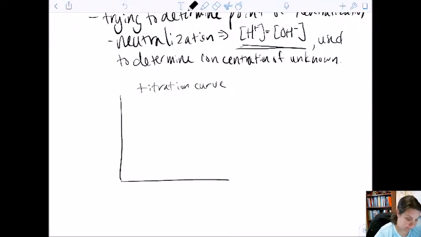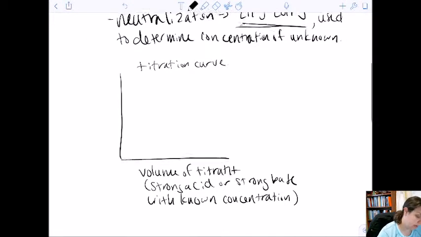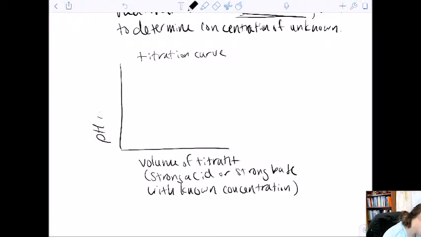So with a titration curve, you're going to be plotting volume of titrant, so this can be the strong acid or strong base with known concentration, versus the pH of the analyte. This is going to be the unknown.